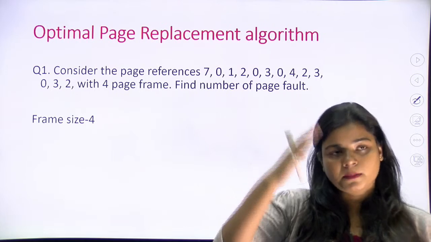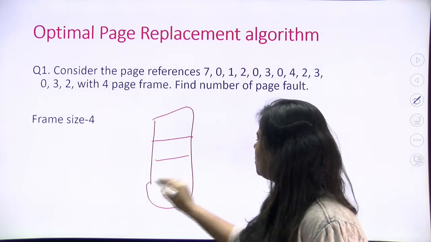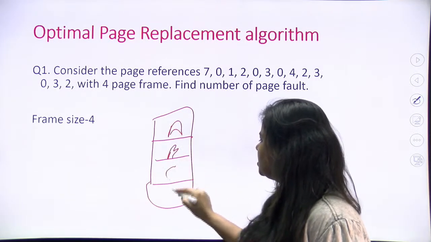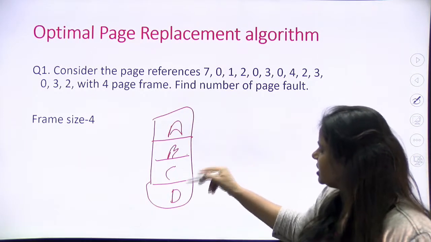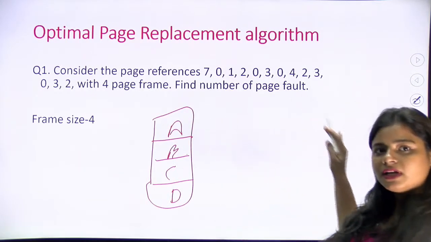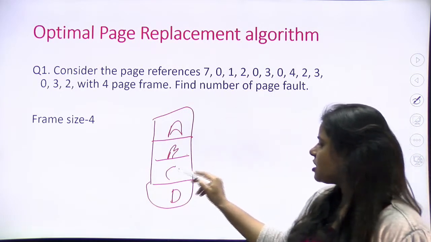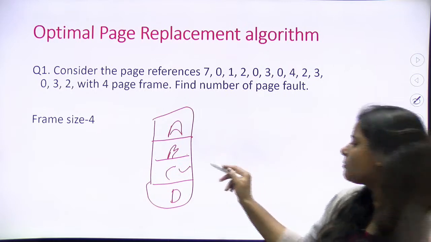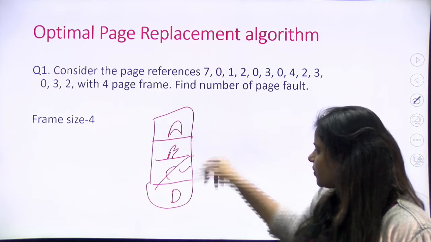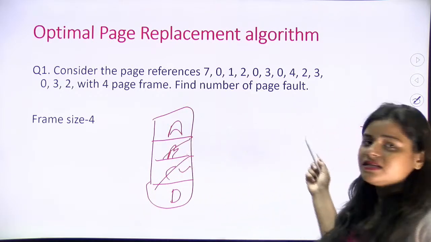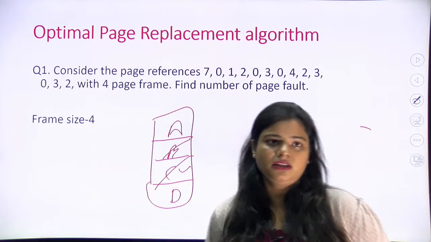Right now we have A, B, C, D. Whenever E comes, we will see among A, B, C, D which page will come last in the future. If C is coming last, then we will replace C, or if B is coming last, then we will replace B. This is the only change in this algorithm.